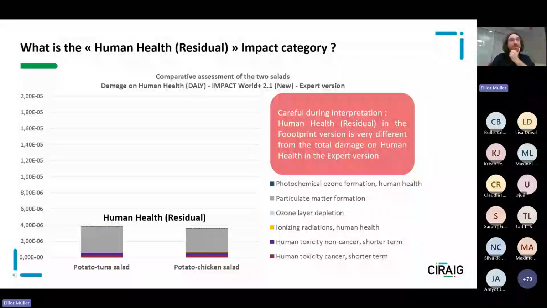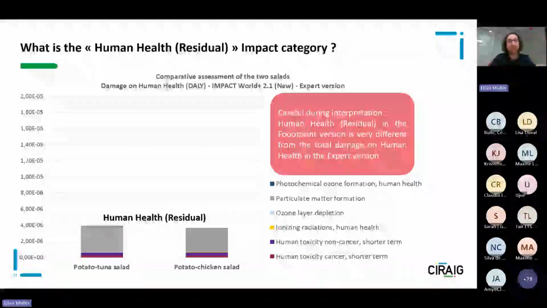People using it need to be very careful in their interpretation and know that what is called the residual human health in the footprint version is very different to what is called the human health area of protection in the expert version, because it only includes the indicators that are not included in the other indicators provided in this version of the method.